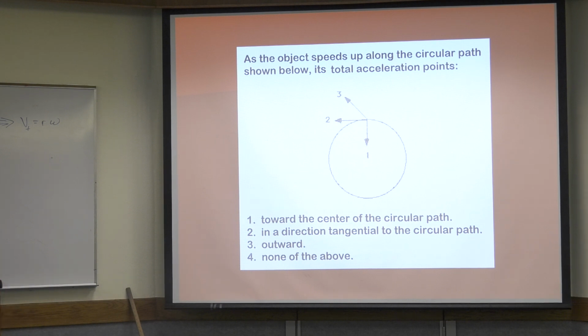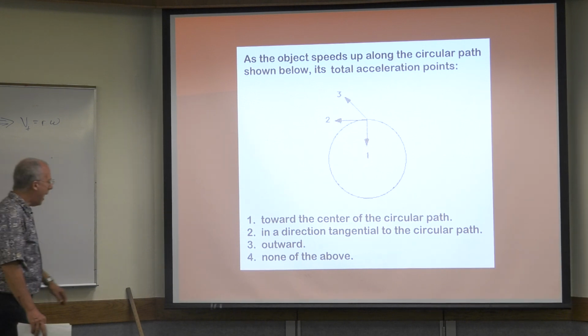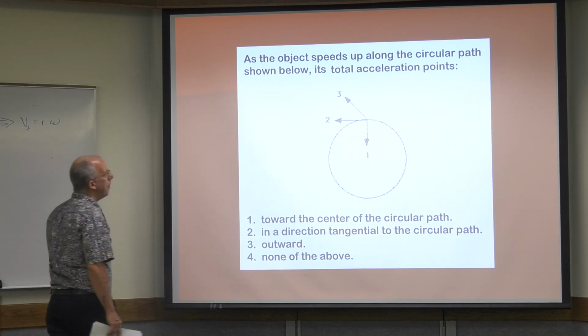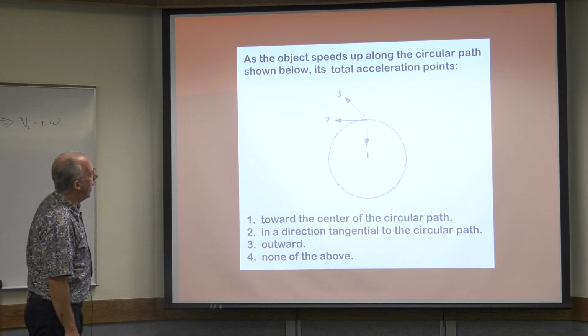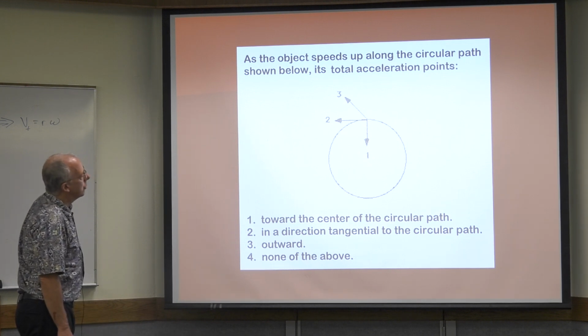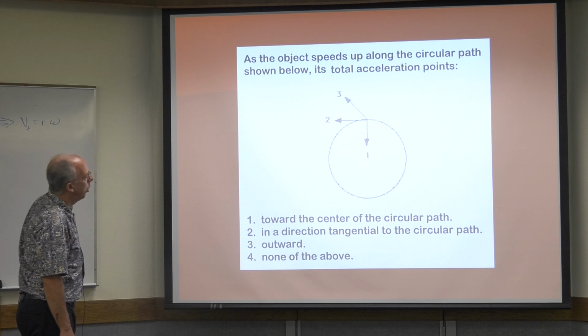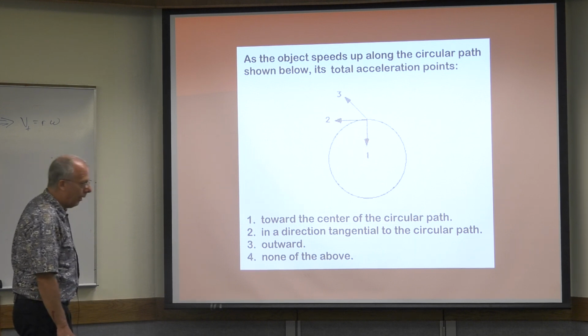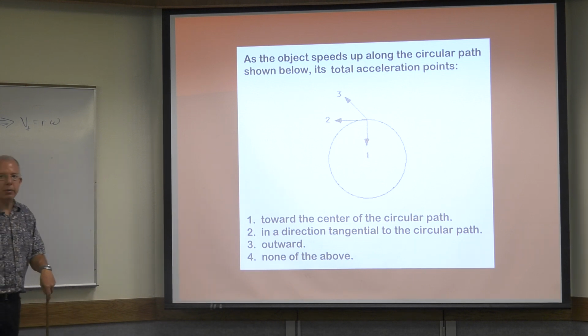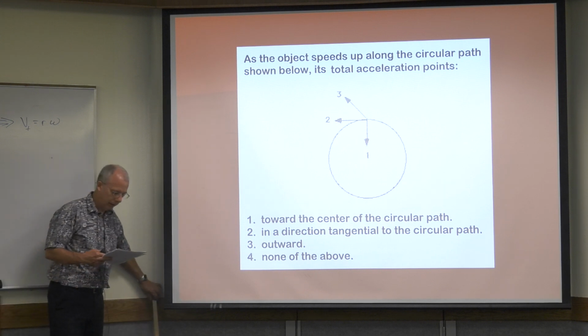Okay, here's a good question for you. As an object speeds up along the circular path shown below, its total acceleration points where? So please pause your video and figure it out.